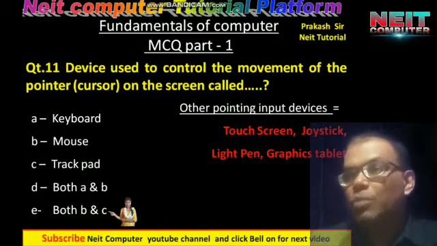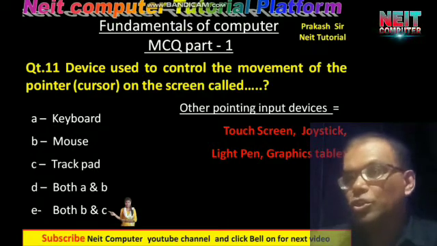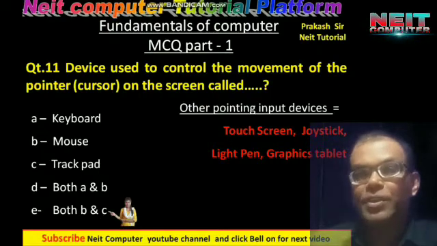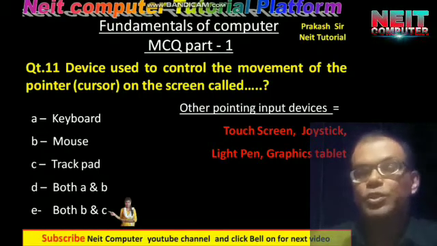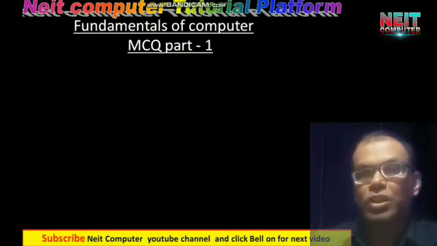If you think of other pointing input devices of a computer, we can consider touch screen, joystick, light pen, graphic tablet. These are not included in my options. So that is why mouse and trackpad is the correct answer.